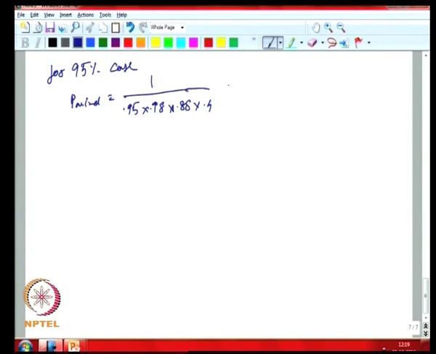So, you are talking about 3.05 megawatts, and if you are looking at the 96% case, the number corresponds to 3.02 megawatt.